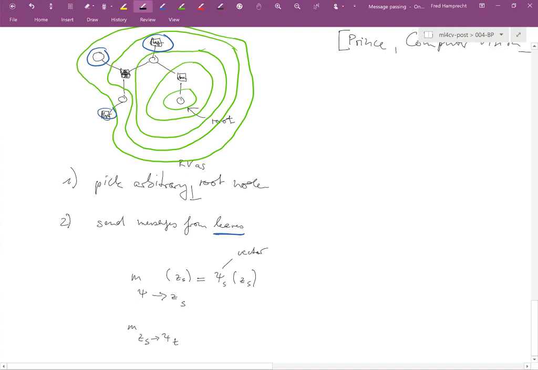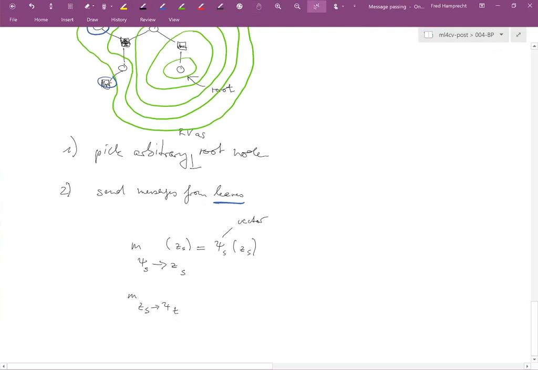Okay, sorry, the indices here should be different. Wait, hold on. If it is a leaf, then it's okay to write S here. But down there, I need different indices. Yeah? So now I have a message from a random variable, which can be a leaf, to a factor.